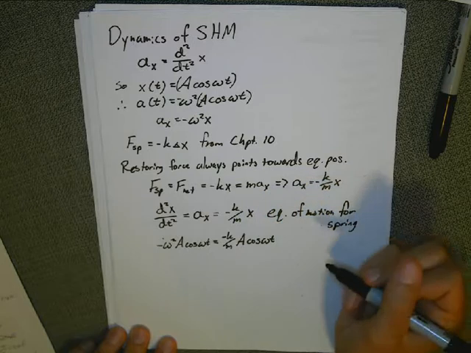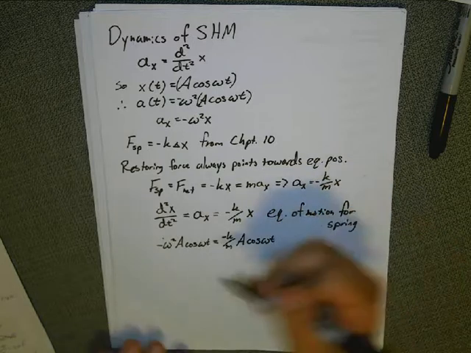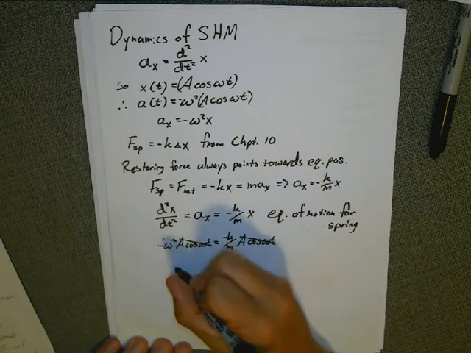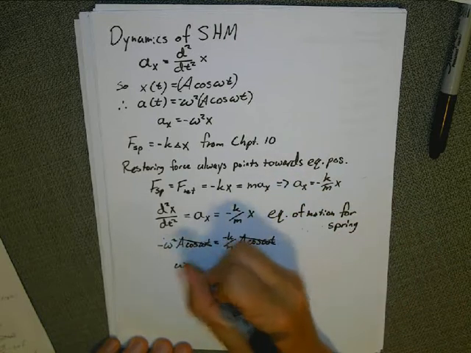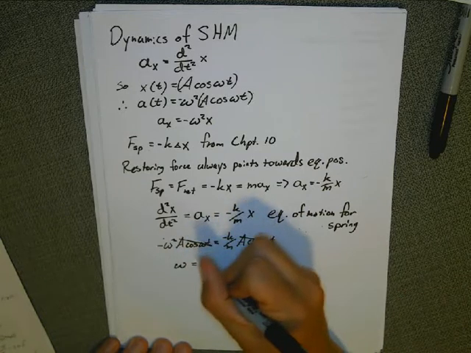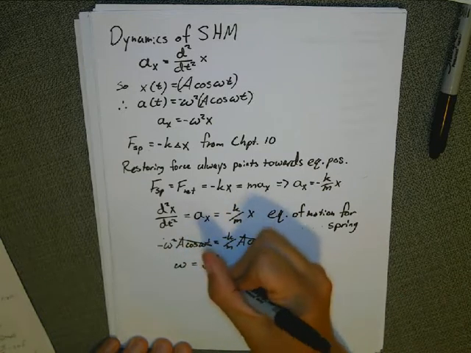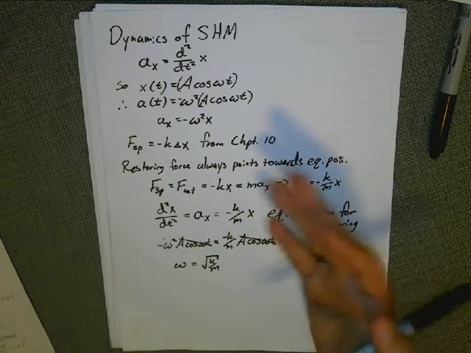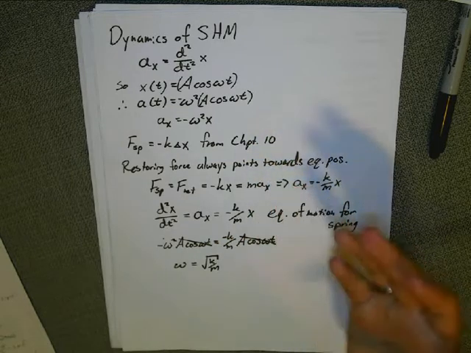We find that these cancel, and we find that omega is equal to the square root of k over m. Again, we've found that the angular frequency of a spring does not depend on its amplitude.